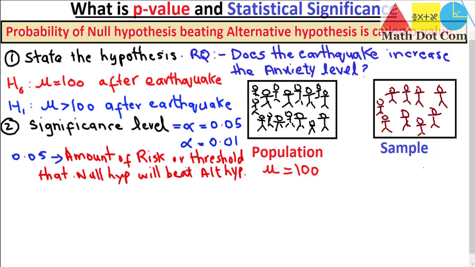It is necessary that the significance level should be set before the experiment, and you have to keep this in your mind. It's mostly 0.05 or 0.01, and this is the level with which we will compare the value of p to check the statistical significance.